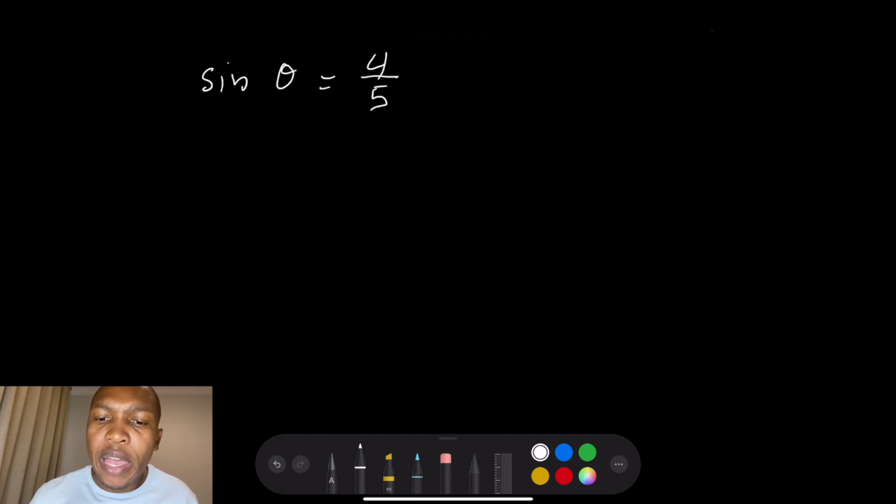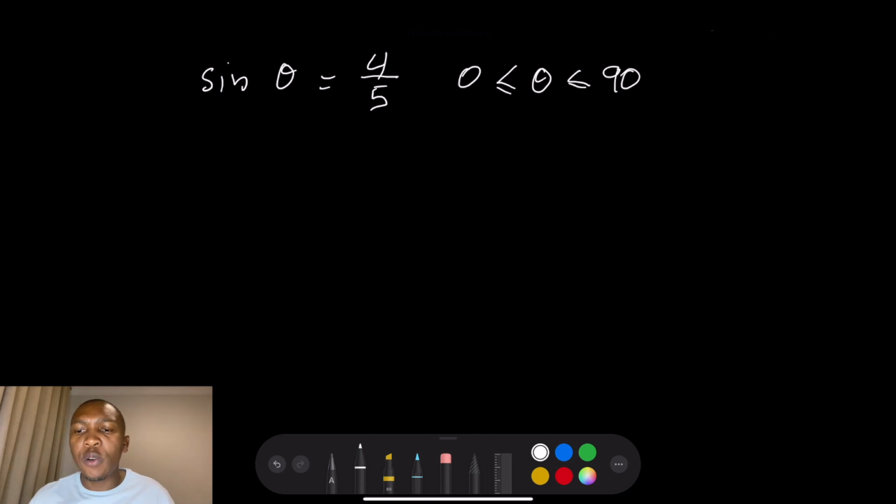They might give us a restriction again, and they say theta is less than or equal to 90 degrees, and theta is greater than 0. These are the type of expressions that we are talking about, and they would give you a couple of expressions to work through.